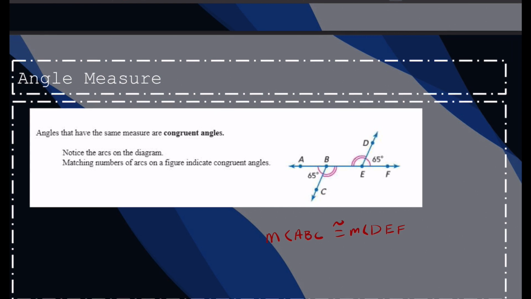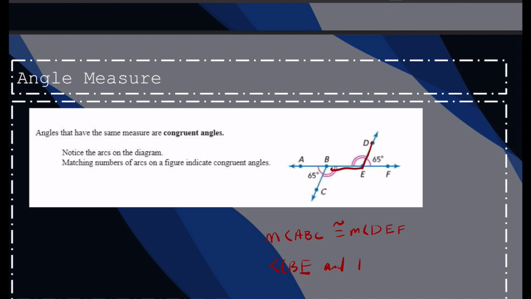We can say that angle CBE, and let's say angle DEB, they are congruent.